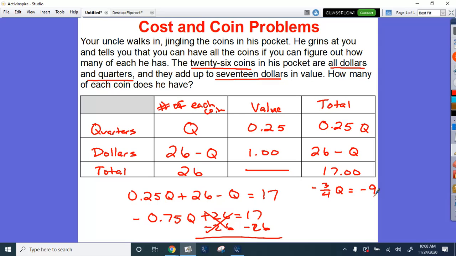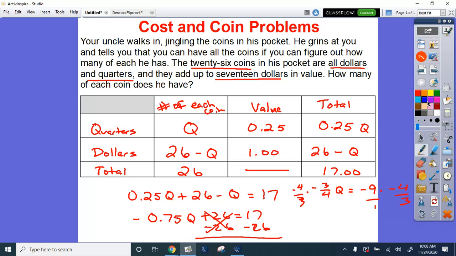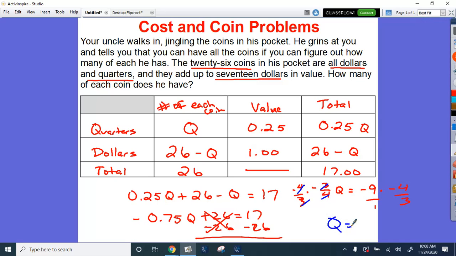And you'll see why I turned that into a fraction, because then I multiply by my reciprocal over here. Multiply by my reciprocal, put that over 1. And now I do a little cross reduction where Q is equal to, I'll cross reduce, 1, 3, Q is equal to 12, meaning I have 12 quarters.